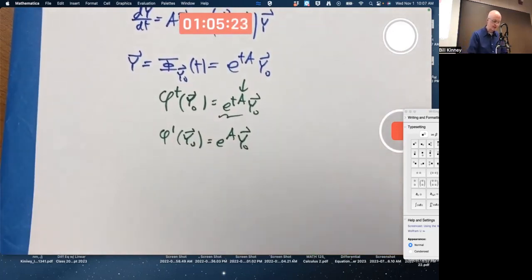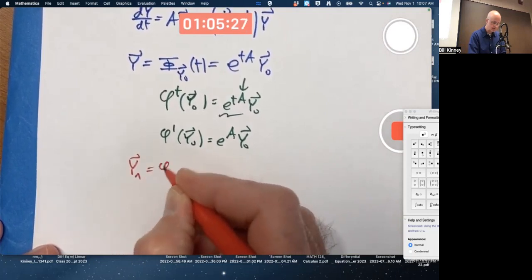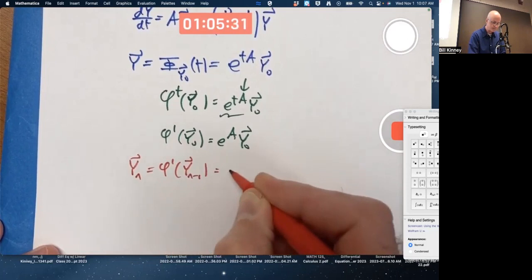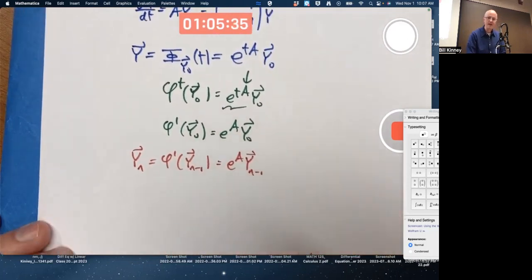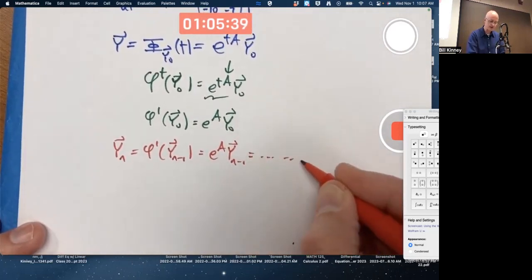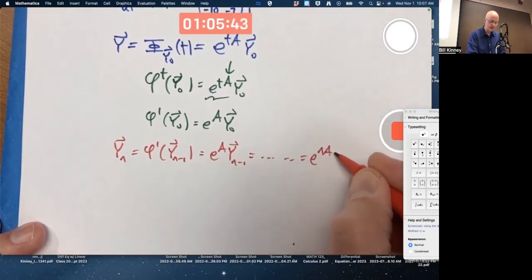And the corresponding difference equation is y n equals the time 1 map evaluated at y n minus 1, which you can write like this. And if you solve that difference equation by iteration, not integration, you end up in the end with e to the nA times y naught.